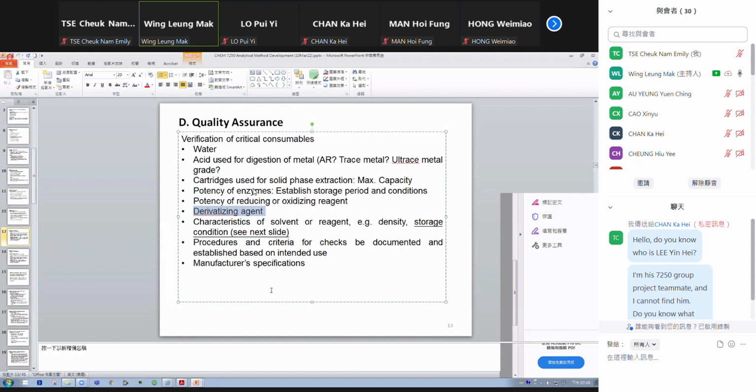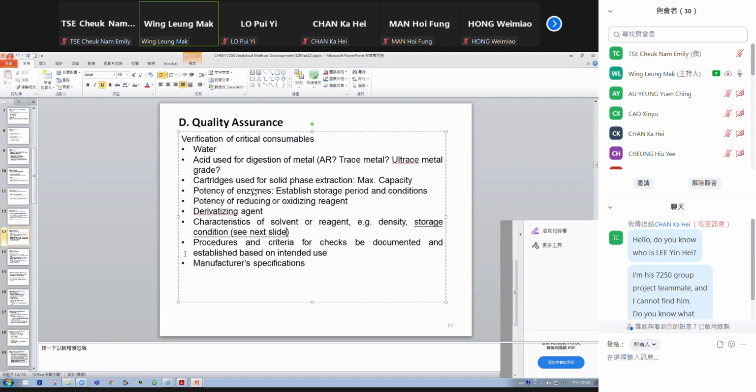You will use derivatization reagents, adding a silyl group there, and you will get a sharp peak. The derivatization reagent reacts with water. The air has water and will also deteriorate it over time. Characteristics of the solvent or reagent: density, storage condition.